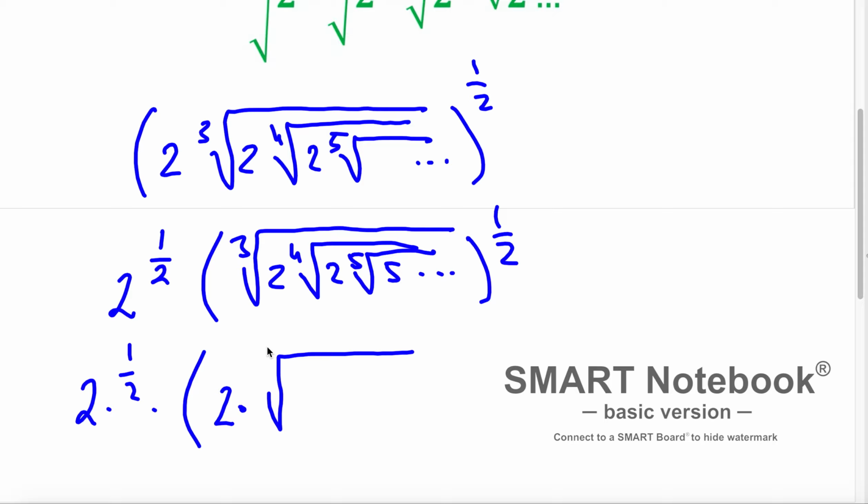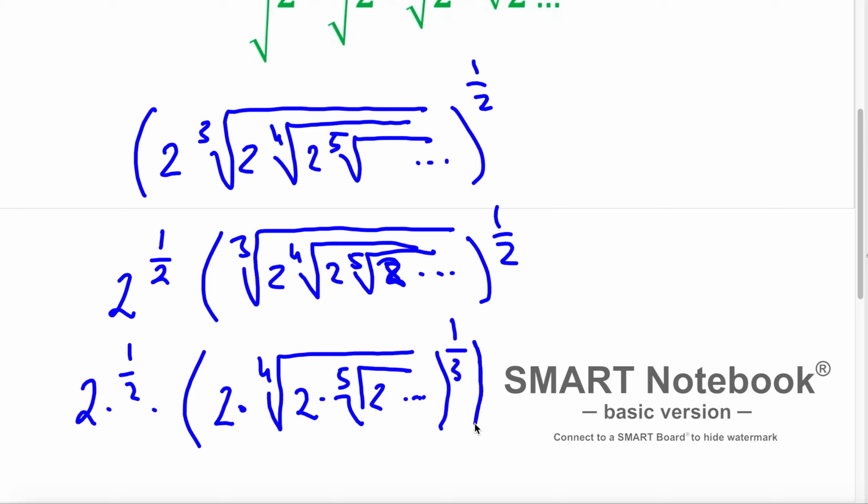So this one is going to be 2, 4 times 2 in the index 5, I'm sorry. So I'm just rewriting, this is a 2, and this continues forever. But here is 1 over 3.